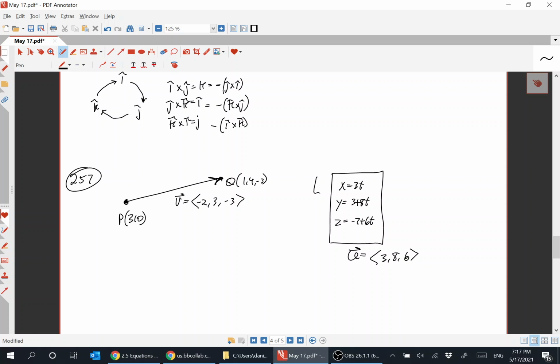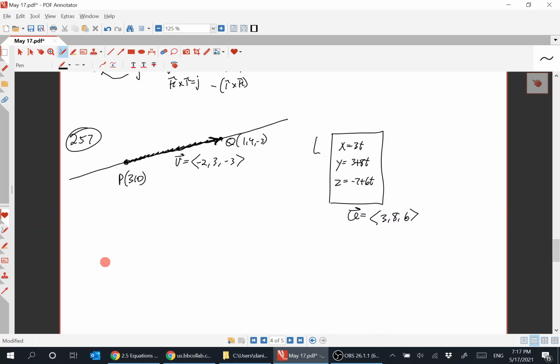Now, why would L and the line through PQ be perpendicular? What would make them perpendicular? Is it that the dot product is 0? Right, if their slopes are perpendicular. So the lines are perpendicular if and only if their slope vectors are.